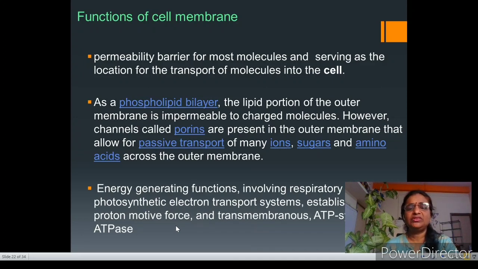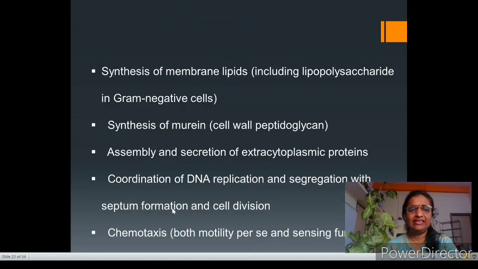This proton motive force is also associated with the cell membrane, as well as the ATP synthesizing machinery, and the ATP synthesizing ATPase enzyme is also located in the cell membrane. So we can see that the cell membrane is very important for the energy generation of the cell. It is the site for energy generation of the bacterial cell.